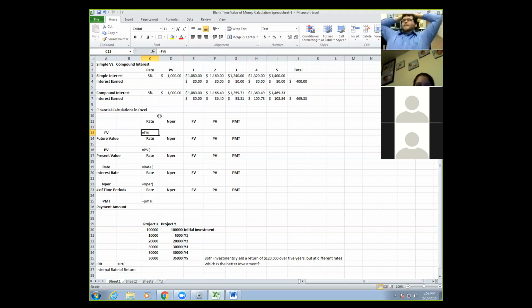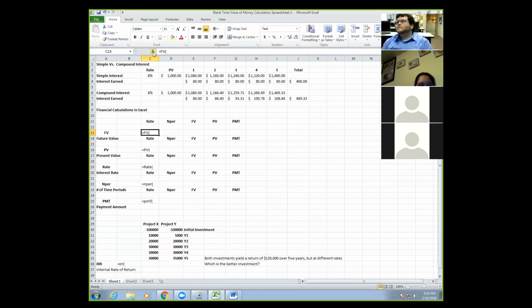So this is what you type into a cell to start one of these functions. It won't work directly, you can't type directly into these cells that already have the equal in there because I made these text boxes. So when you make a cell a text box, that means Excel's not going to try to calculate anything. It was the only way I could show how to initially type these functions in here.